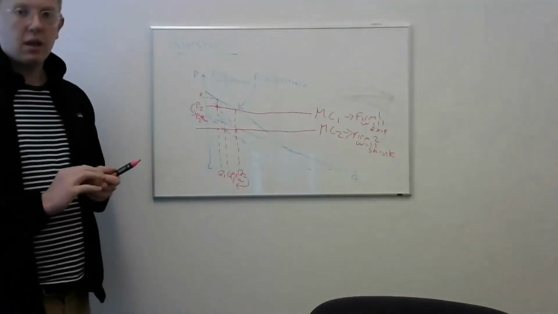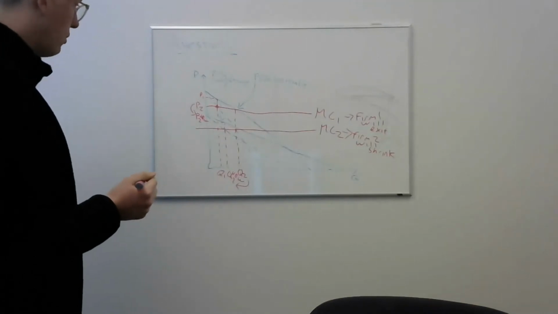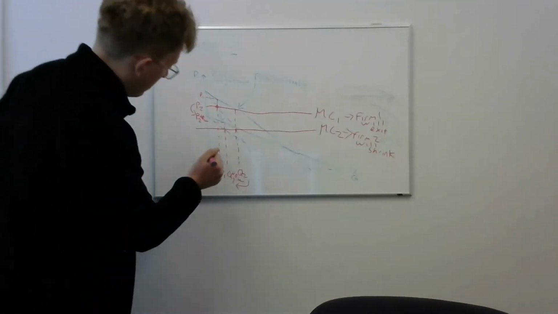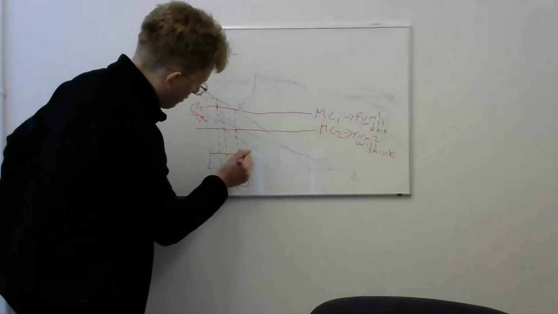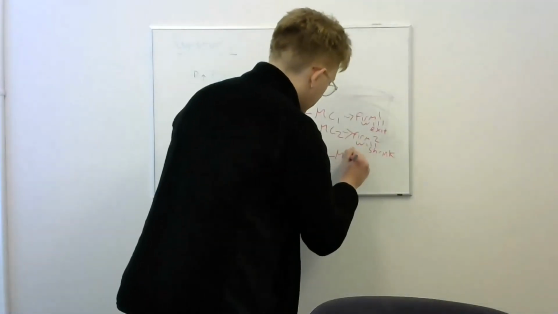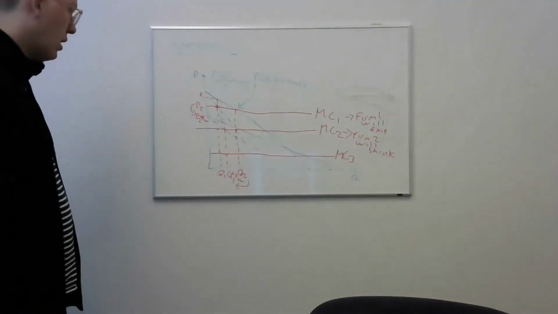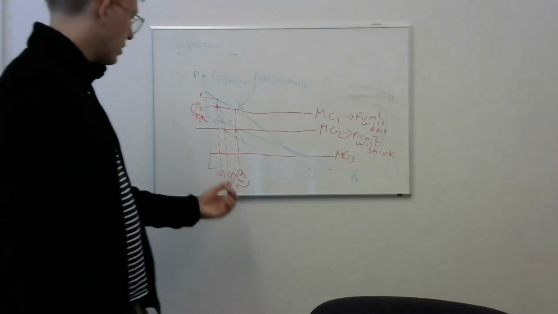Okay, so now I'm going to draw a third firm, which we're going to hope is going to expand. Suppose that a third firm comes along and has a much lower marginal cost. Let's call this firm 3. So MC3 refers to firm 3's marginal cost of production.